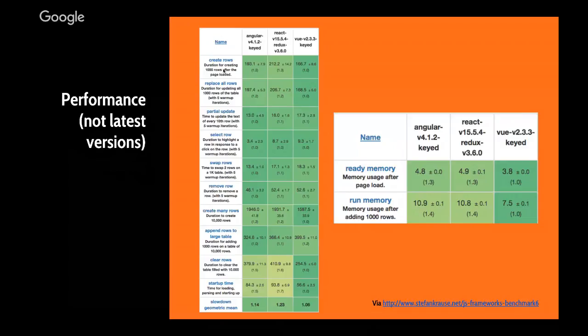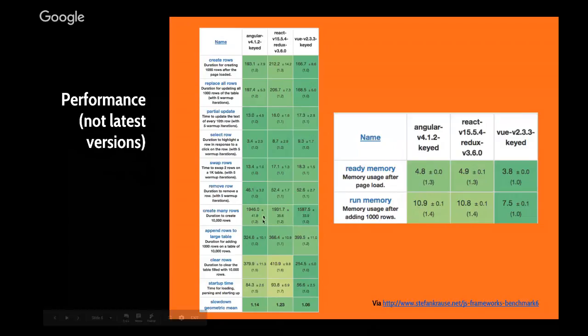But we see if we're creating 1,000 rows, it takes about 193 milliseconds for Angular 4, 212 for React, and 166 for Vue. So we see the speed difference there. Highlighting and selecting a row, we see Angular does it in 3.4, due to the change detection with Zone.js inside of Angular, and then React and Vue are 8 and 9.